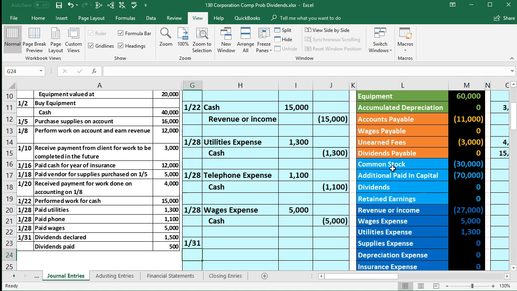Once we determine that there's going to be a dividend, every stock gets the same dividend that we declared to give. So for that reason, dividends are a little bit different than draws, meaning we can't give a different dividend to different owners as we can with a partnership.